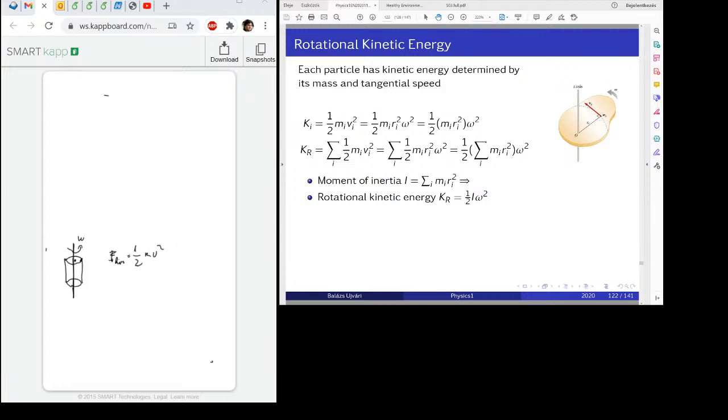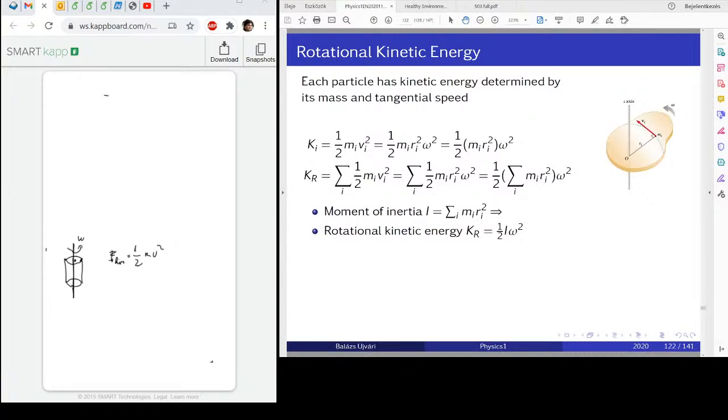If you look at this object, the v depends on the r even for a constant omega, constant angular velocity. What can we do? One thing we can do is sum, so calculate the kinetic energy of all of the points of the body.